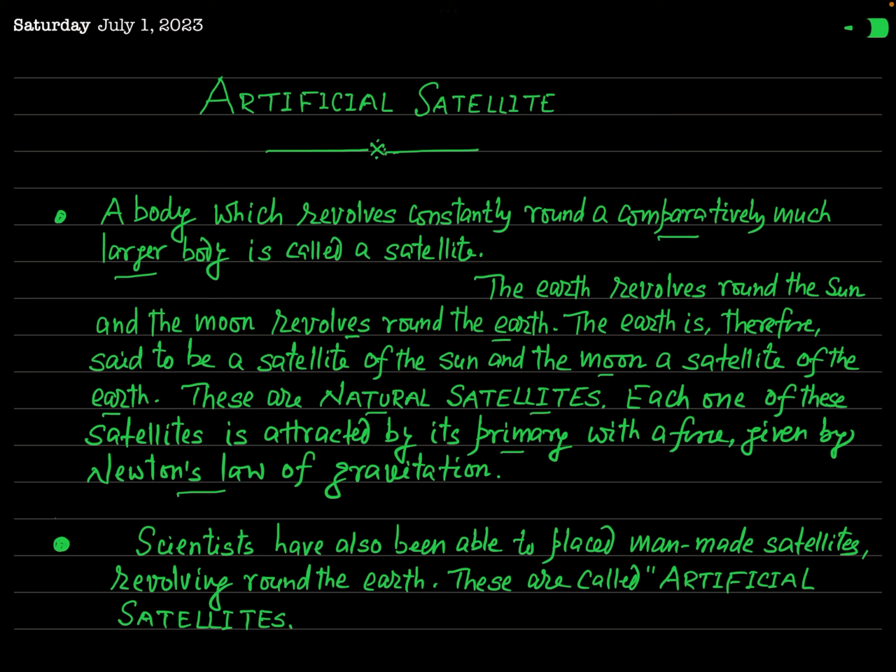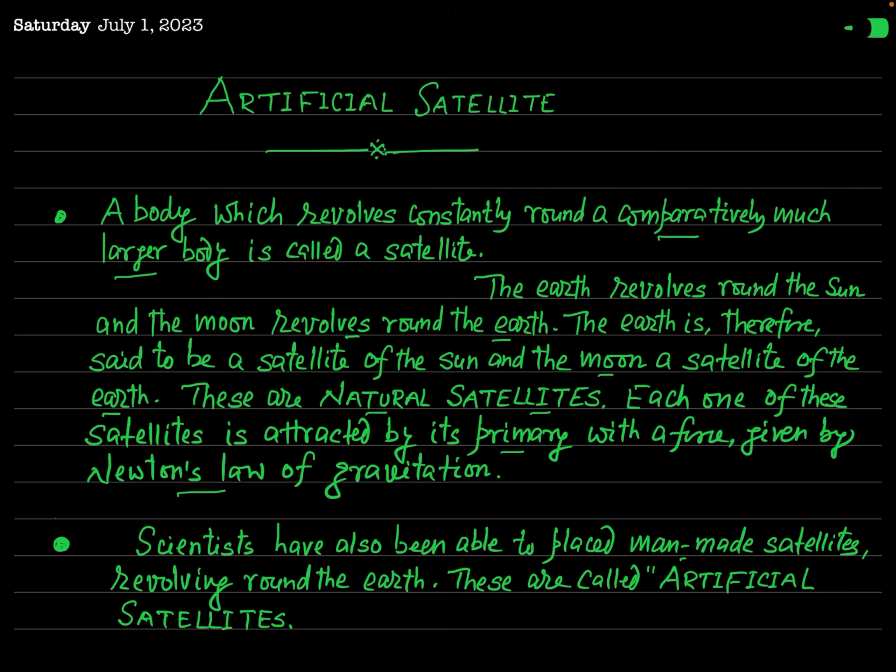So as Earth and Moon, which I have given as examples, are not man-made but natural objects, I have told you that these are natural satellites. But scientists have also been able to place man-made satellites revolving around the Earth and also around the Sun.